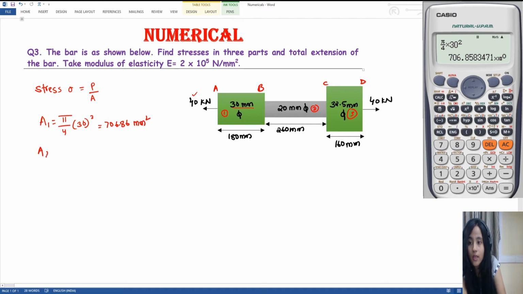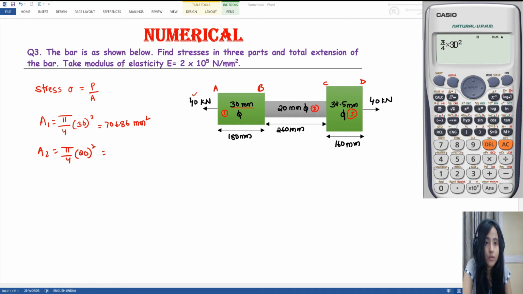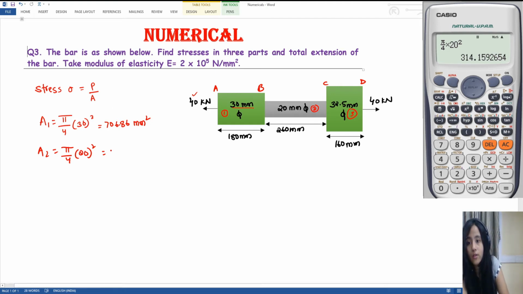Next, A2 is pi by 4 into 20 square, so we get 314.16 mm square.